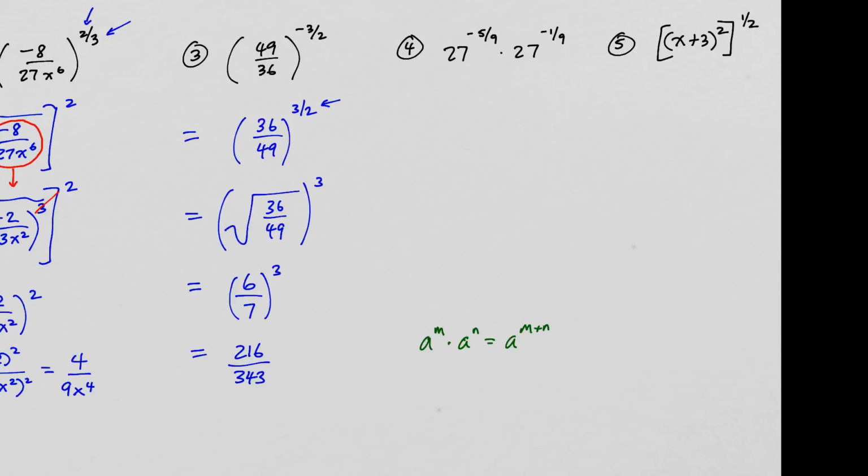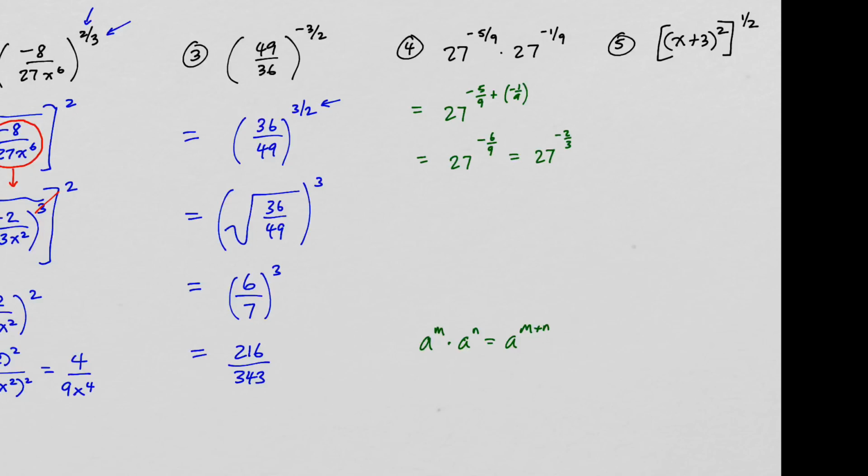And we can do the same thing here. So using that rule, this is going to be 27 to the negative 5/9 plus negative 1/9. And that is 27 to the negative 6/9, which can be simplified to 27 to the negative 2/3.